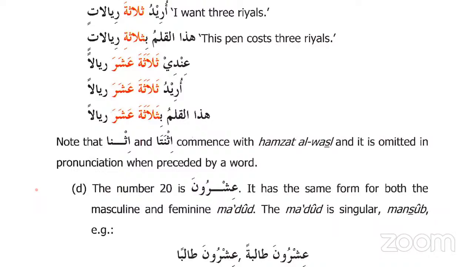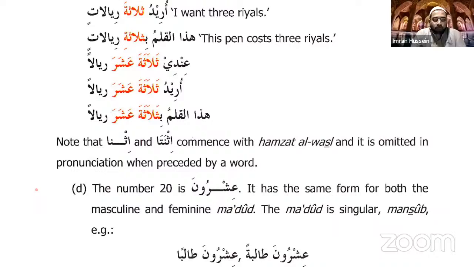Hadha al-kalamu bi thalathata ashara riyalan. You see that it does not change. Exactly. Because of the ba itself, the harakat on ta marbuta doesn't change. And in uridu thalathata, it remains the same, with the fatha. There's no changes at all.